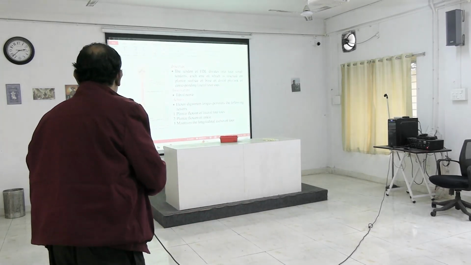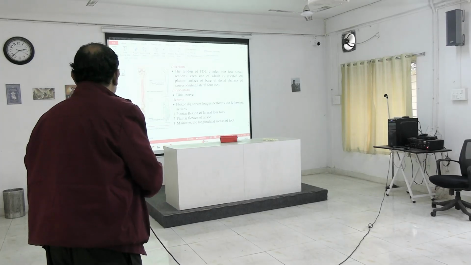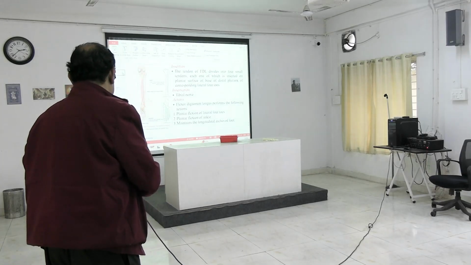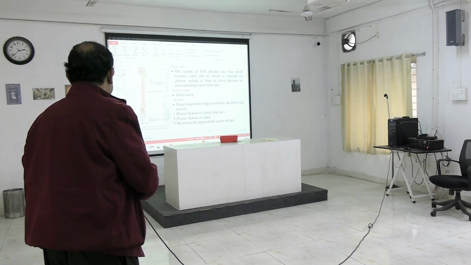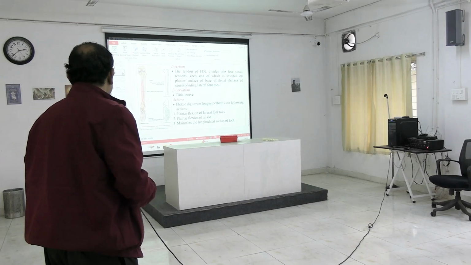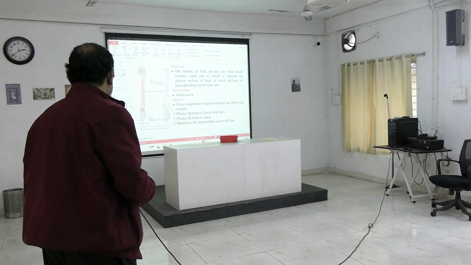We have seen Tom, Dick, and Harry. Tom means Tibialis Posterior, then Dick, that is Flexor Digitorum Longus. And from the posterior surface of the fibula, we can see another muscle.